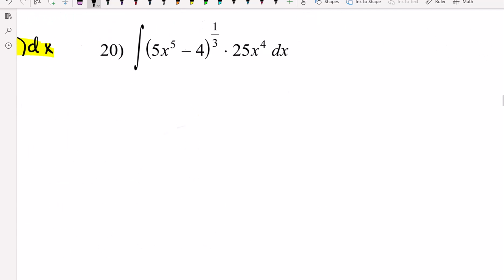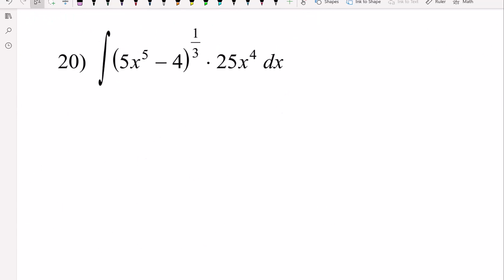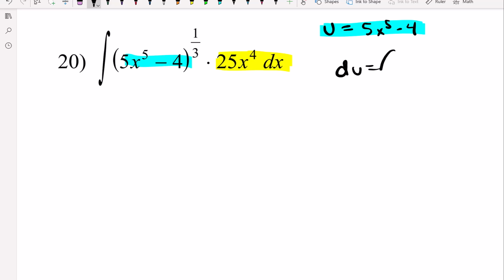All right. Now we've got a fractional exponent. So here's our u, and then this should end up being the du. So u is equal to 5x to the fifth subtract 4, and du: the derivative of 5x to the fifth is 25x to the fourth.